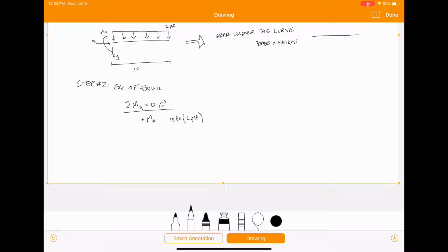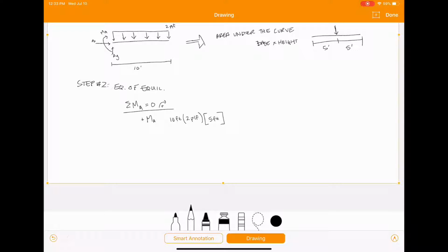Now, we've got that force, and it acts through the centroid of a rectangle, which is halfway. So this is going to be 5 feet, and this is going to be 5 feet. So the moment arm for our distributed load is going to be 5 feet.